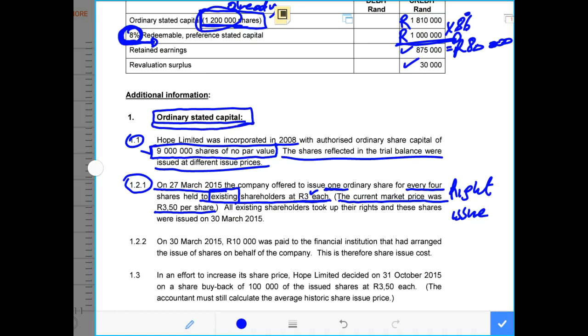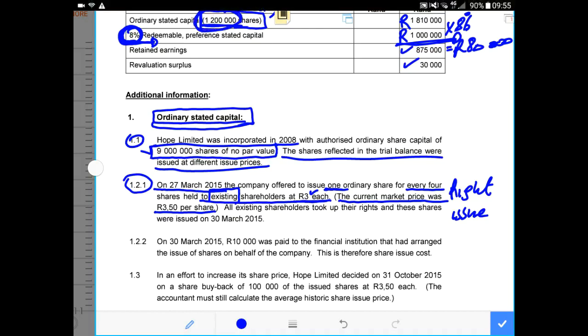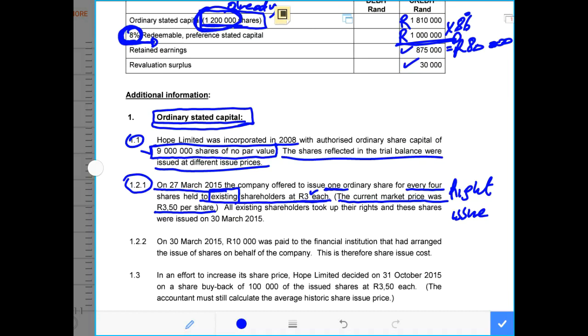That means we are dealing with the ordinary capital and the issue of the ordinary shares. So now we know that we had 1,200,000 shares that were already issued. So now we need to know how many 4 shares we have in that 1,200,000, hence we divide by 4. Then after we divide by 4, we multiply it by 1. Then that will give us the number of shares that would have been issued as the right issue shares.